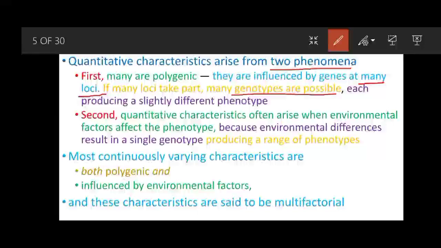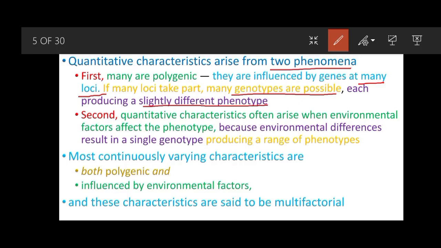Each genotype produces a slightly different phenotype. That slight difference is something we are unable to account for, and because of this, we are counting these as quantitative traits.